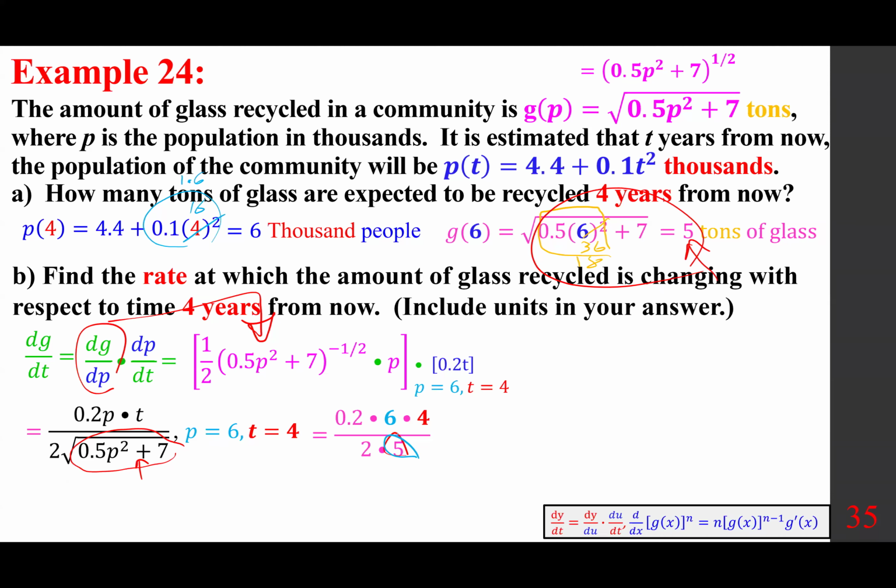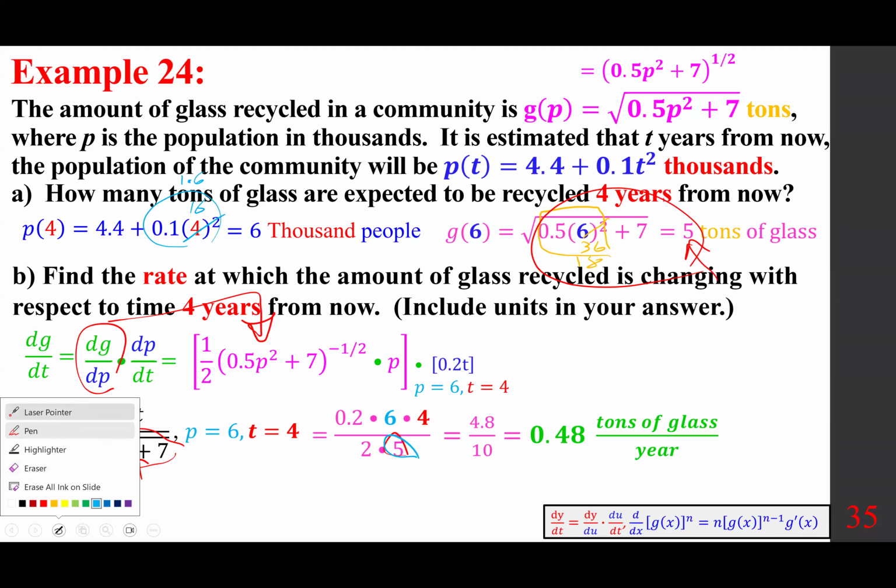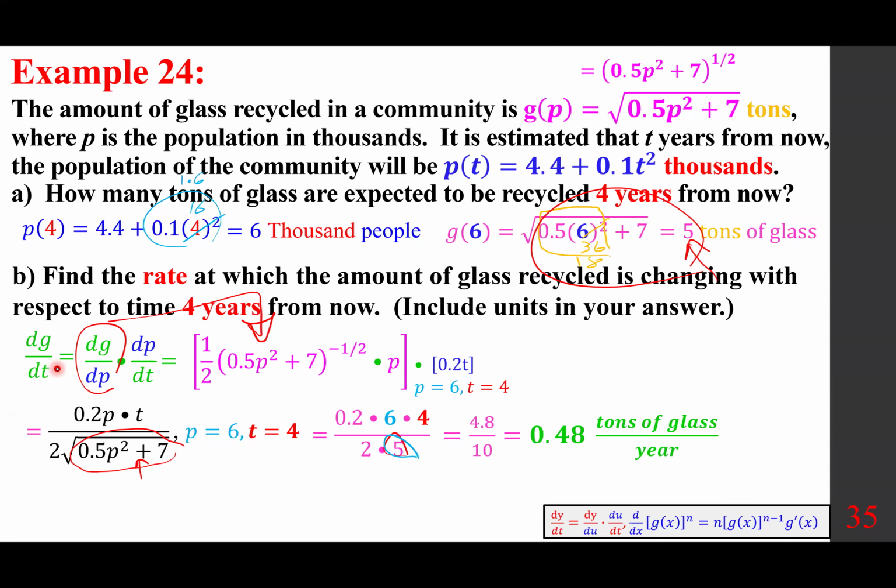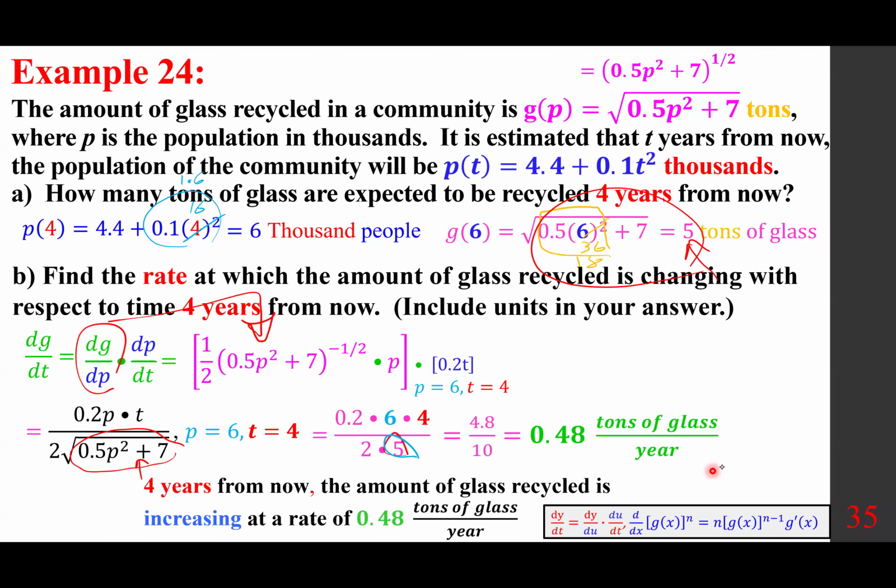The denominator is 10, the numerator is 4.8, so you create one more decimal, 0.48. And units of g over units of t, tons of glass per year. So 4 years from now, the amount of glass recycled is increasing at a rate of 0.48 tons of glass per year. By the way, positive means increasing. If it were negative, that means decreasing.